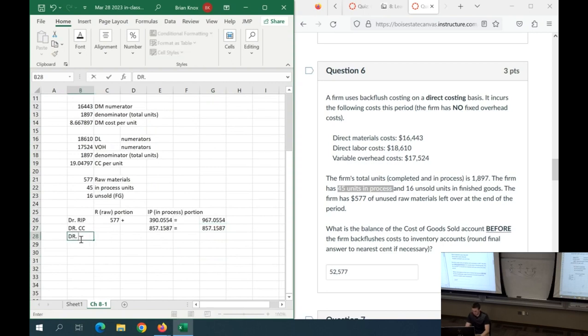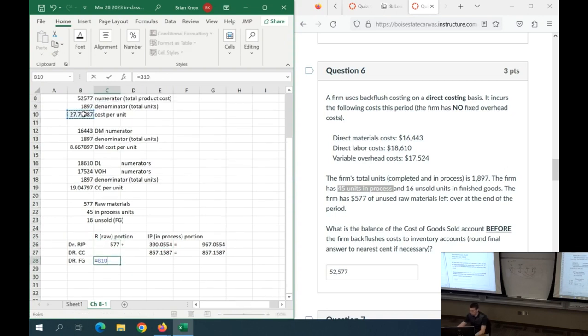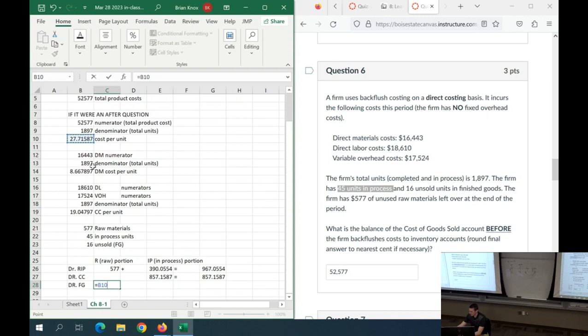We have a debit to finished goods. We're backflushing to finished goods now. And we're going to leave it here. It doesn't fall into this table here. Finished goods have all of their costs. It includes the direct materials and the direct labor and the variable overhead.